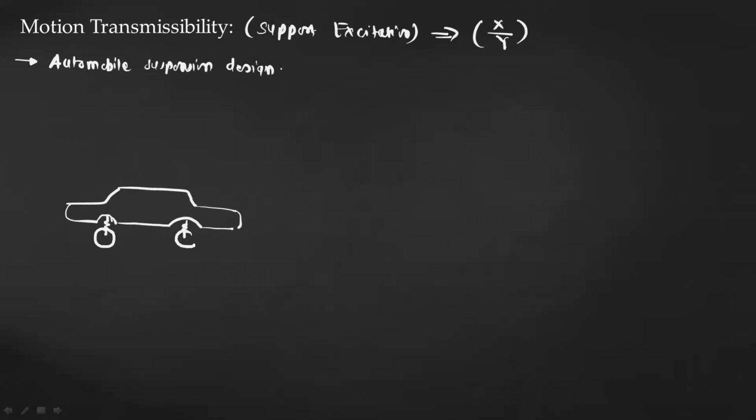So this is just a schematic diagram. And imagine this vehicle is moving on the road surface. So the surface is just a speed breaker.